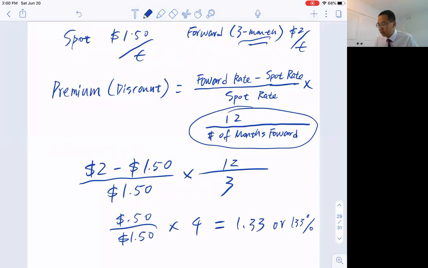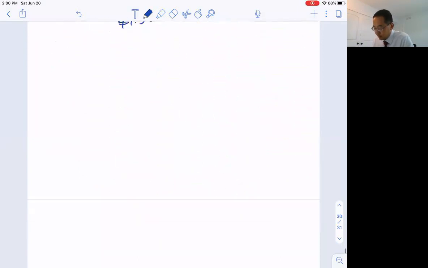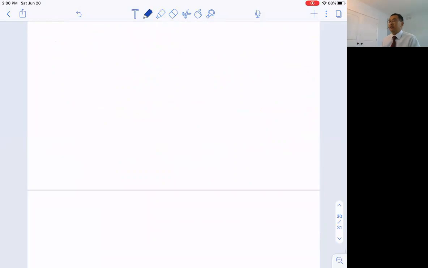Now, this simply tells you what is going on between the forward rate and spot rate, but like I said, the forward rate is determined solely by the difference of your interest rates in the two countries. So how does that work? Well, let's look at an example.